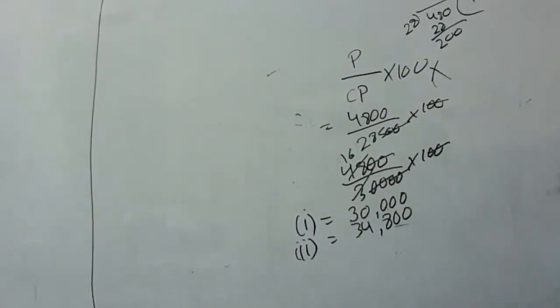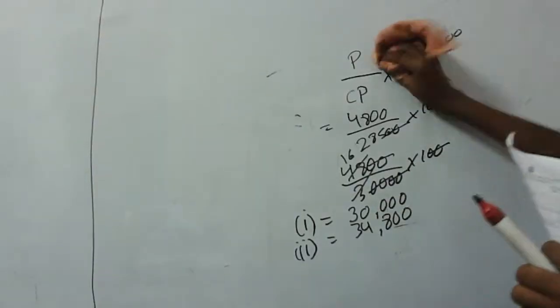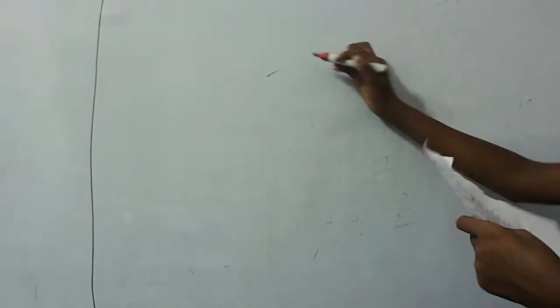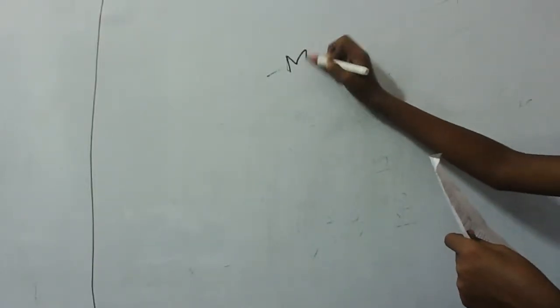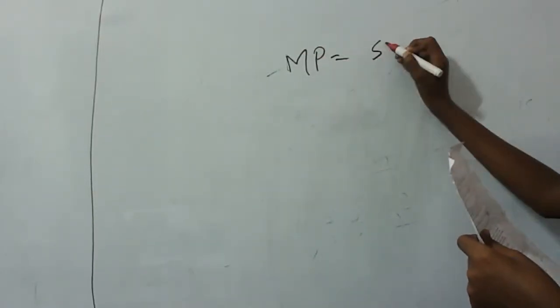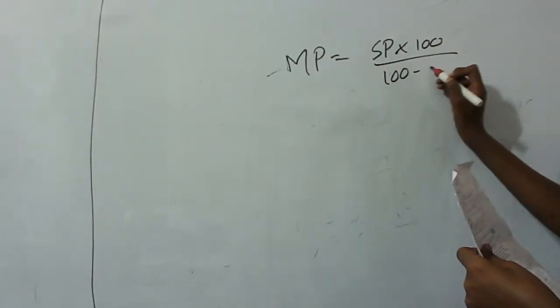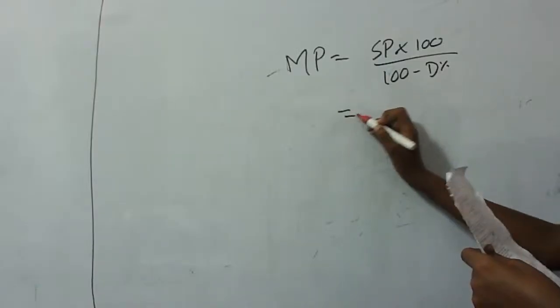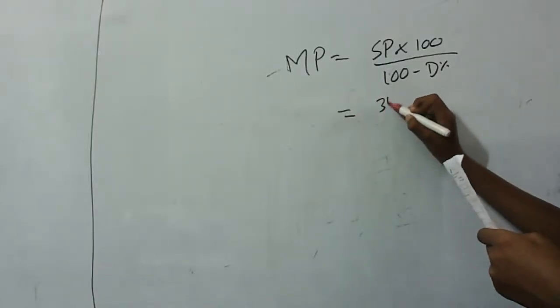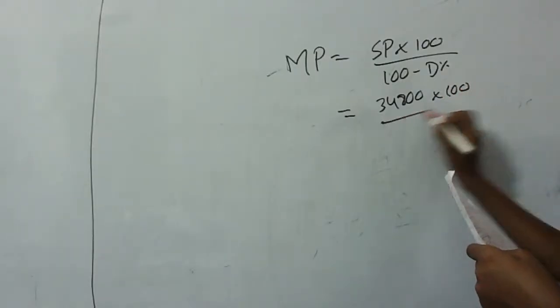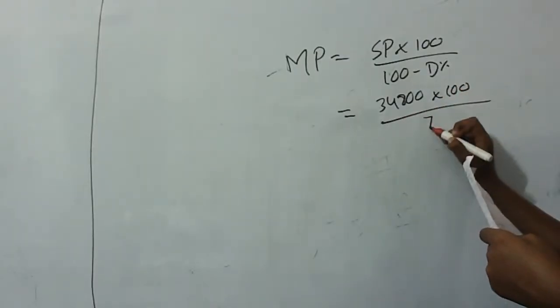Now only we have to find the MP. We know that MP equals SP into 100 by 100 minus discount percent equals 34800 into 100 by 100 minus 25, which is 75.